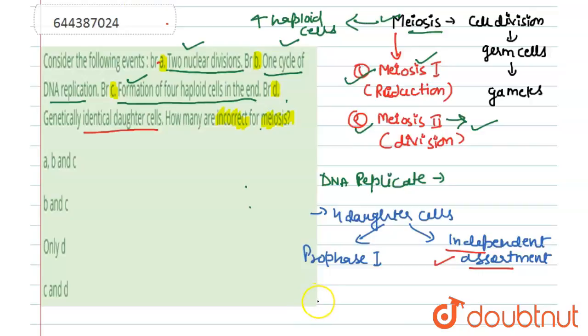This is why all gametes differ in their expressed traits in an organism's phenotype. So our fourth option is incorrect. These are not identical, they are different from each other. So only D is incorrect here.